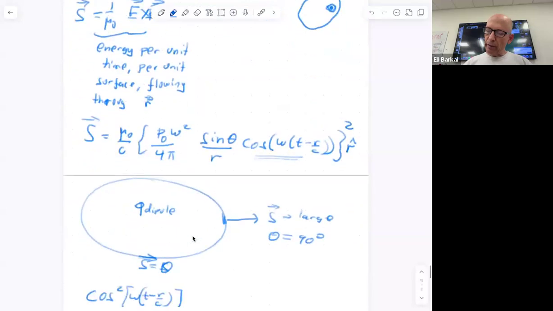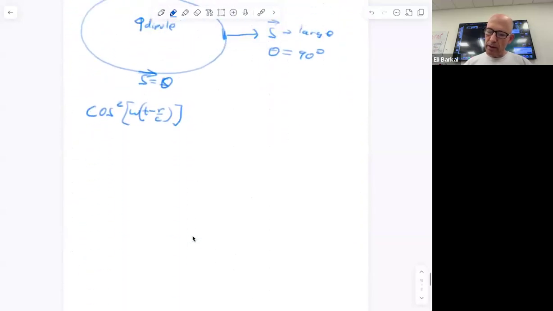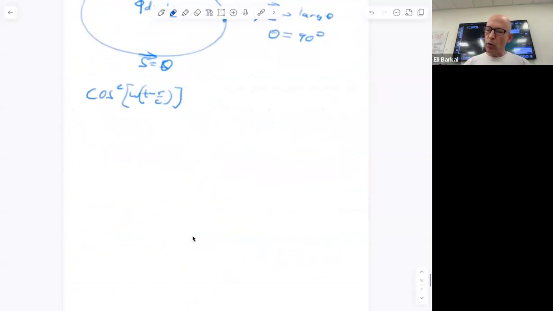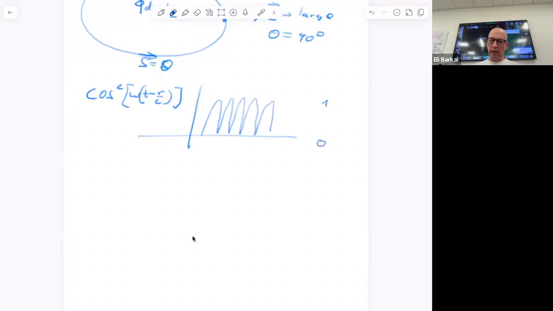But when I look at the flux S, because I square things, because it's E cross B, I get this cosine squared, which looks something like this. And the cosine squared is between 1 and 0, and there's some periodicity.